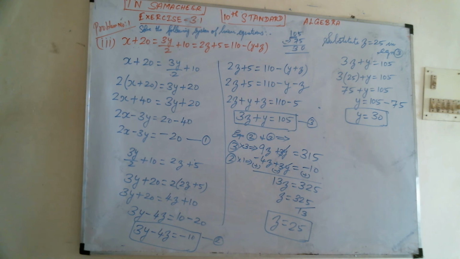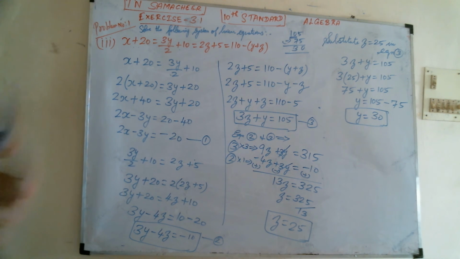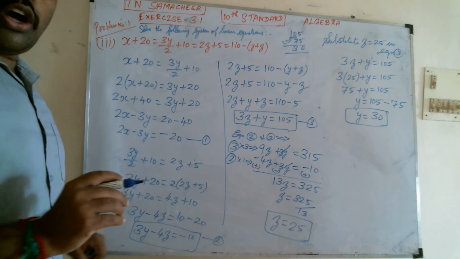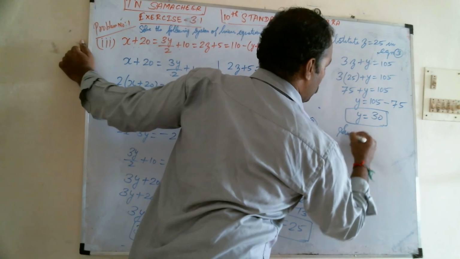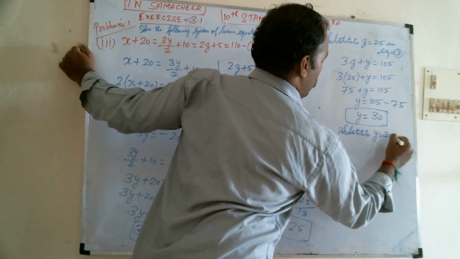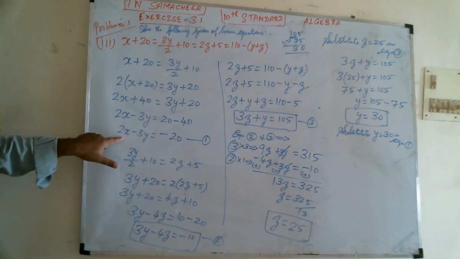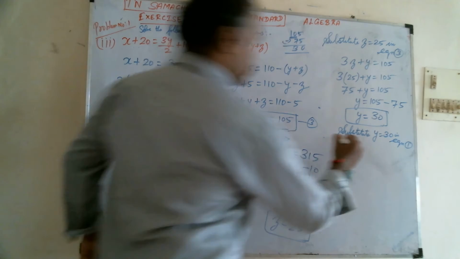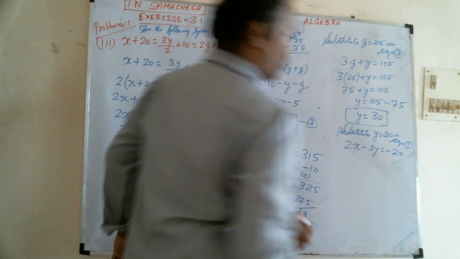The next one. Finally we need to find the x value. So where can we find the x value? This first equation. Substitute y equal to 30 in equation 1. 2x minus 3y equal to minus 20.